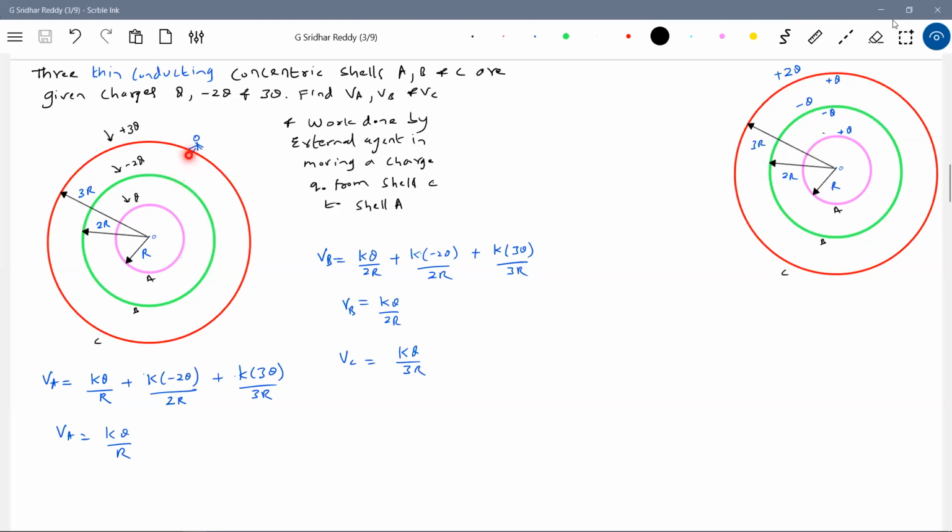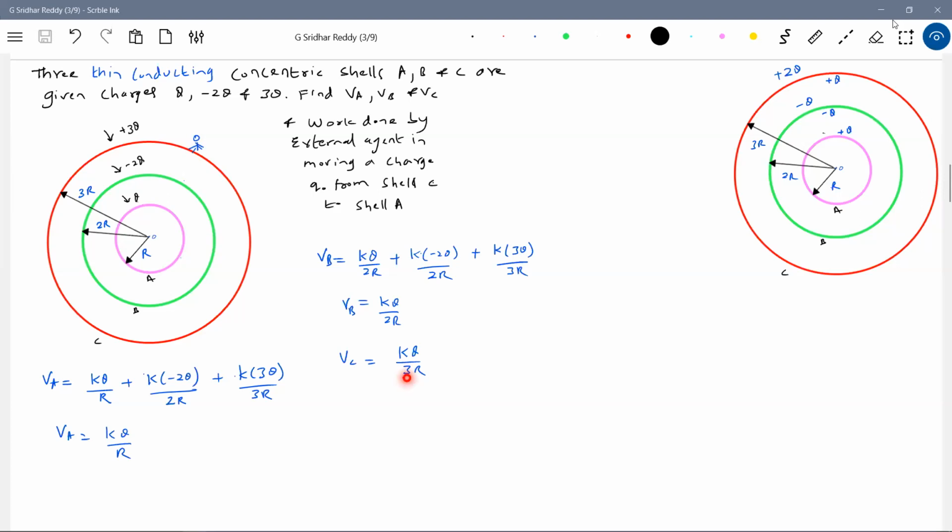Then shall we write 3R minus 2R? No. If you stand here, where will this whole charge appear? So why are you writing 3R? Similar to standing here, you are outside shell A. Then what will happen if you draw a Gaussian surface? This whole charge will appear at the center, similar to a point charge.